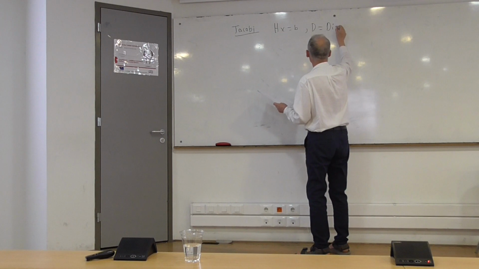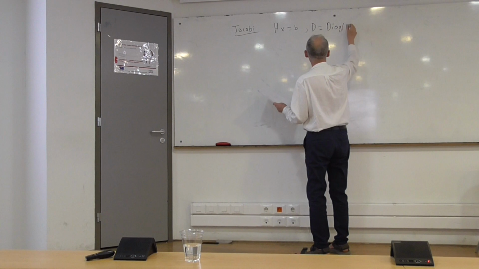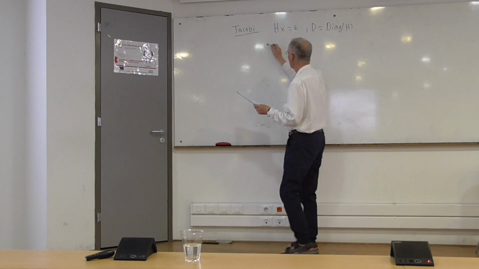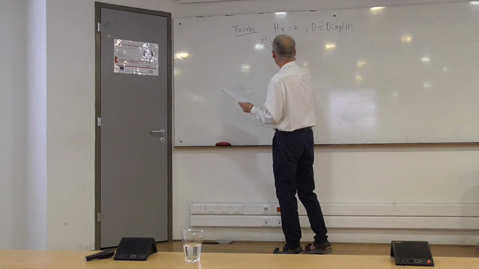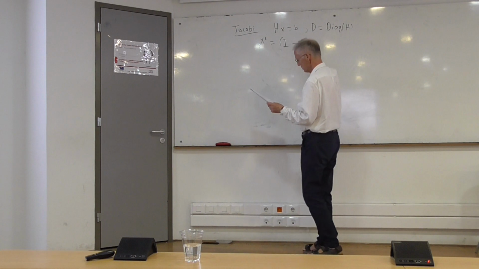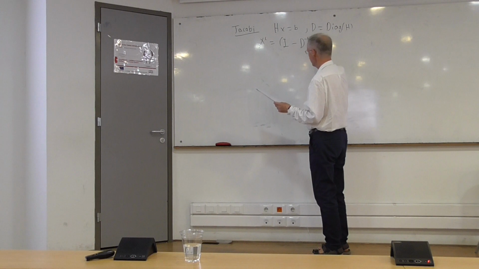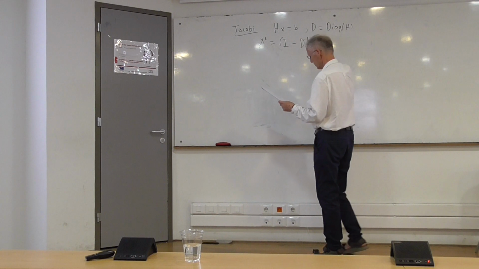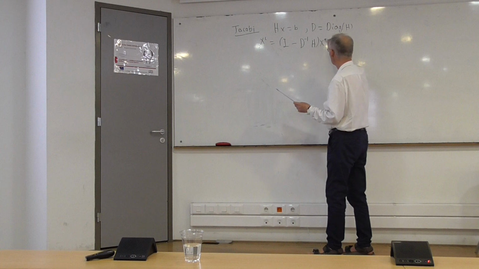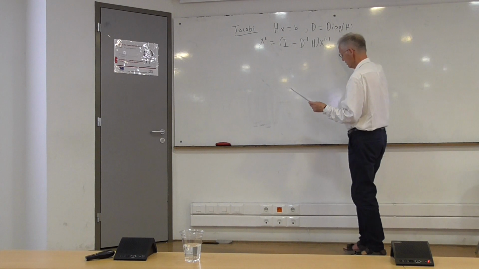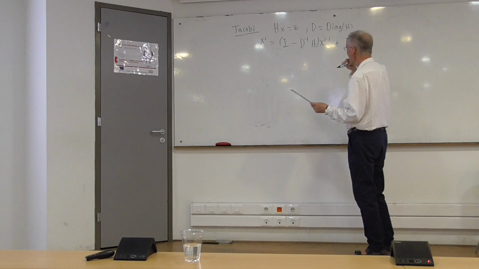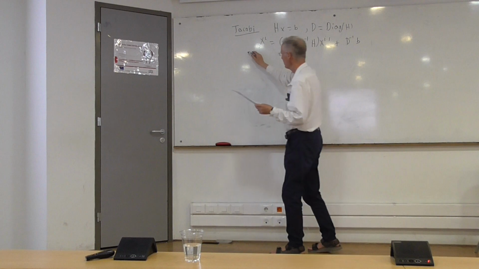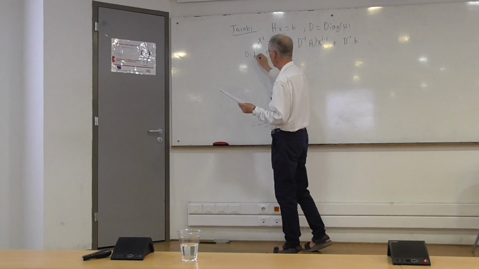This is the diagonal of H. Okay, it's like this. It's the identity matrix. Okay, for simplicity, we assume that D is identity.